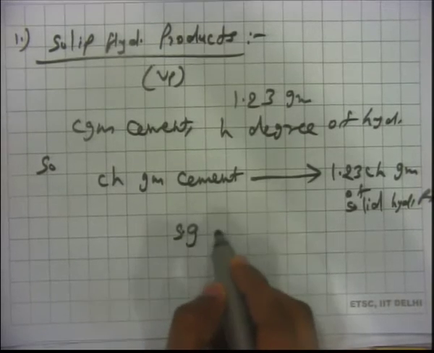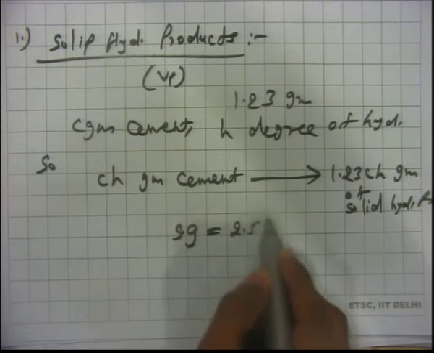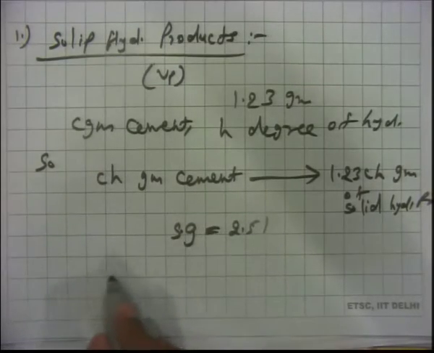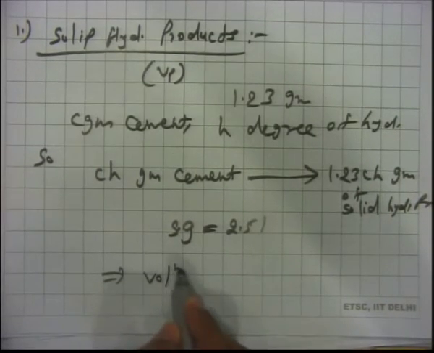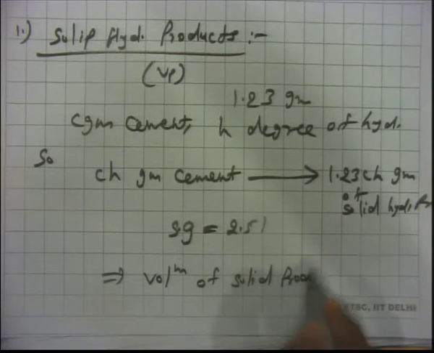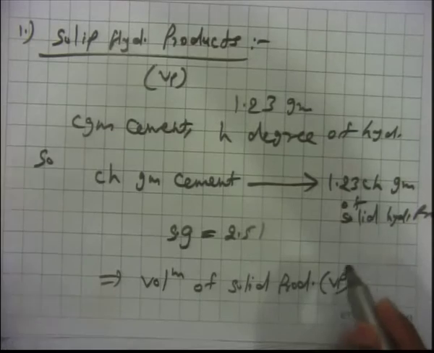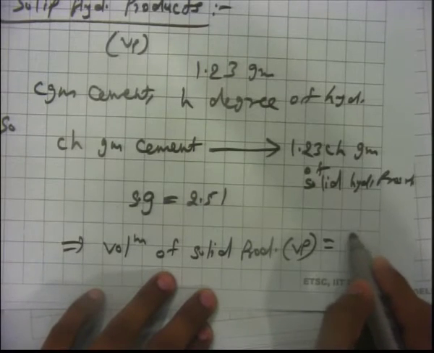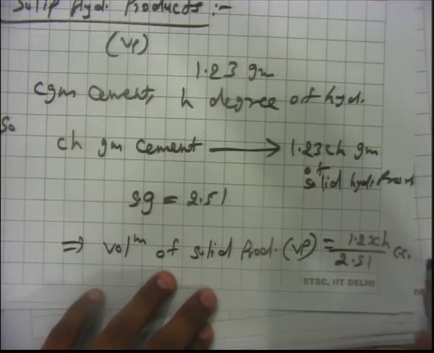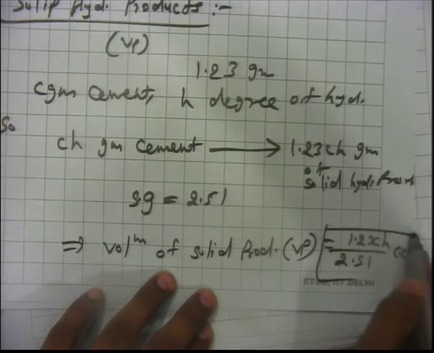Specific gravity we have already seen, 2.51 gram per cc. So from here, the volume of solid products, say Vp, is nothing but 1.23 CH upon 2.51 cc. This is the first volume which we have calculated.